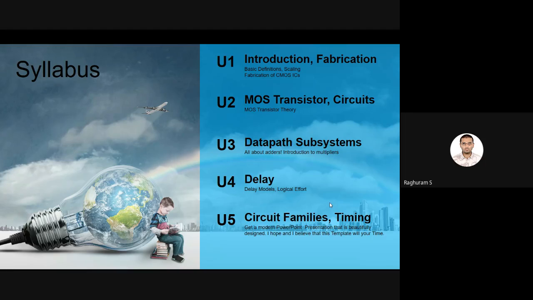The rest of it is your input. Input might be analog, so there will be an analog to digital converter. Output might again have to be analog, so there might be a digital to analog converter. But in between, whatever processing you want to improve the quality of the input, you want to do some analysis, you want to convert speech to text, whatever it is, is done by the digital core.